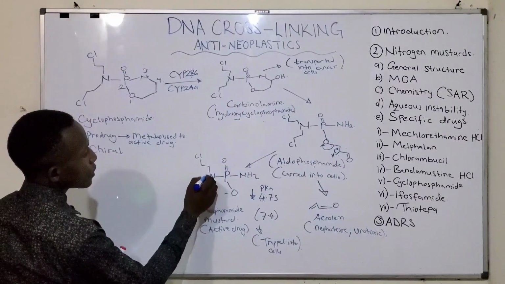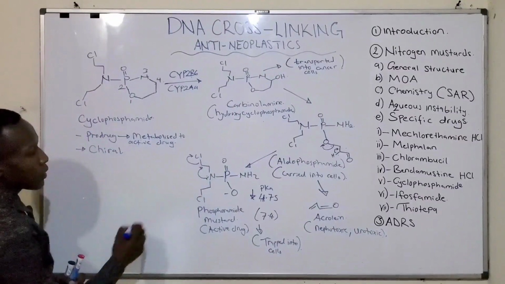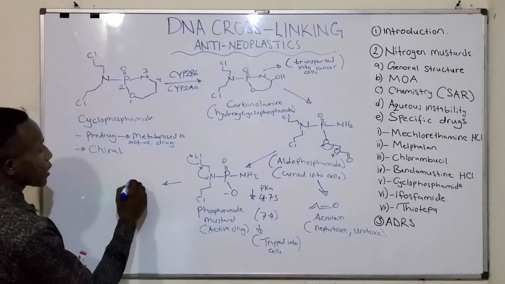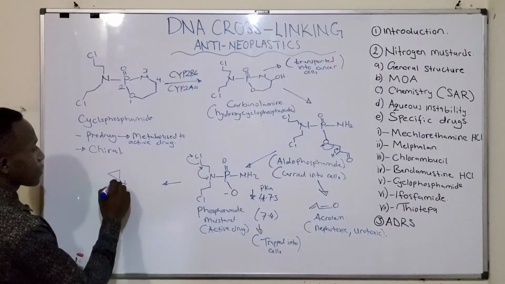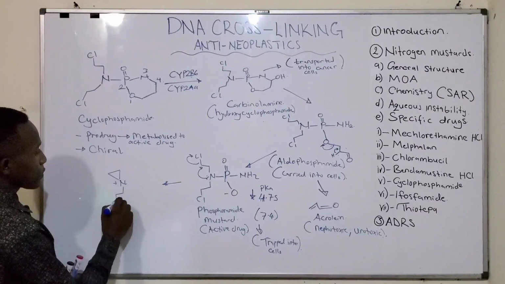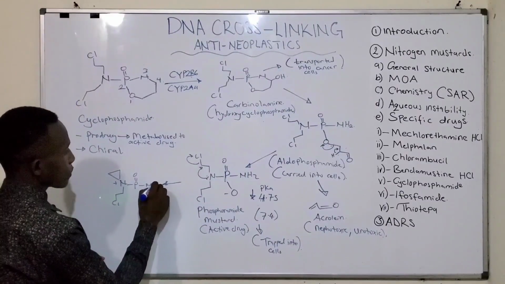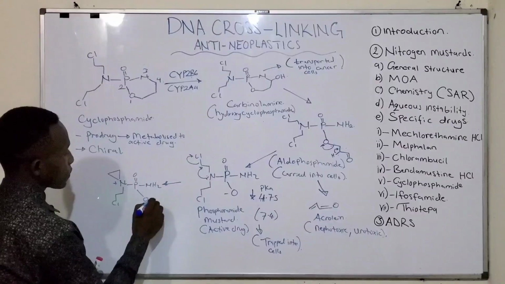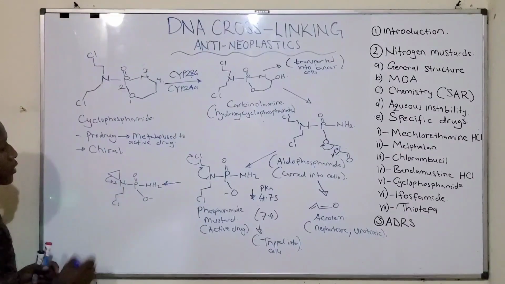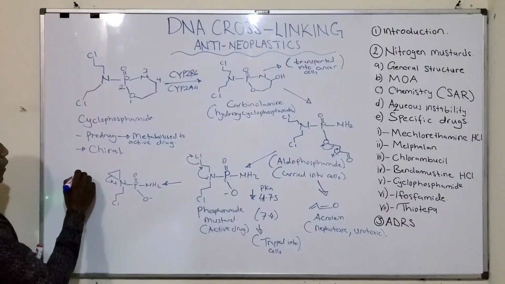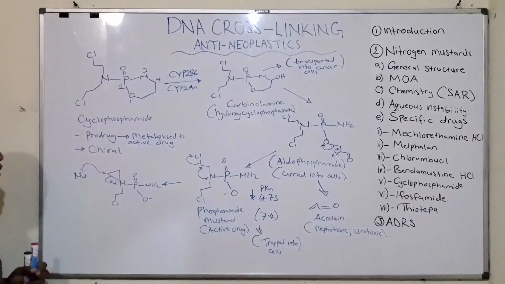You can form this. We form the aziridine cation. This aziridine cation, as the N takes the electrons back, we shall have the nucleophile, which is the N7 of the guanine.